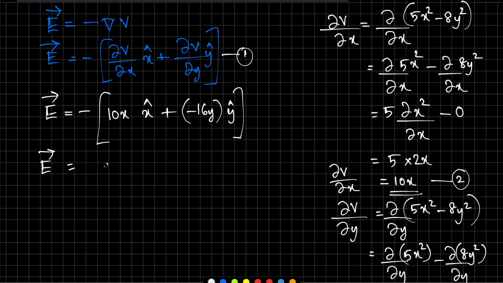E is equal to minus 10x x cap, minus into minus will be plus 16y y cap. Yeah, that's our electric field function, minus 10x x cap plus 16y y cap. It's a vector because we have x cap and y cap.